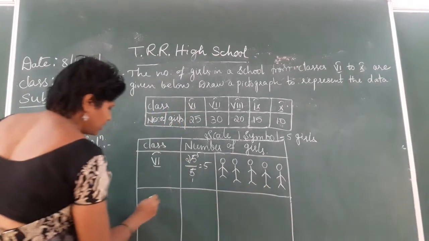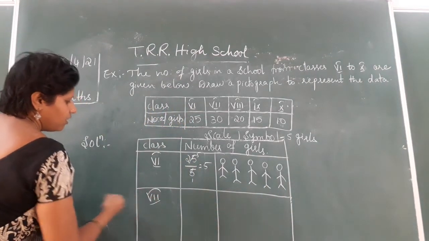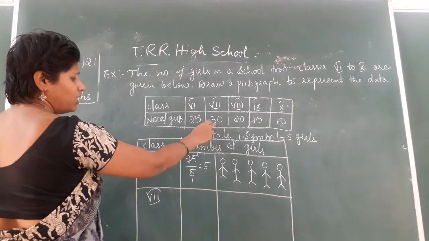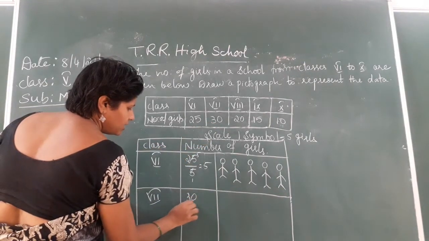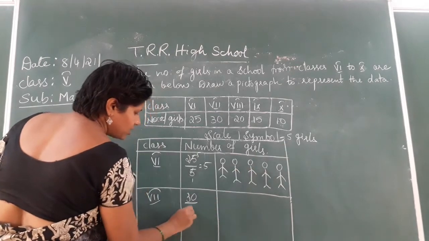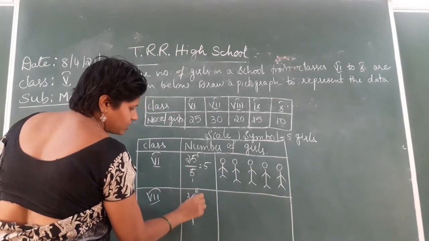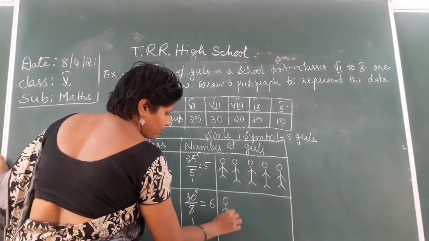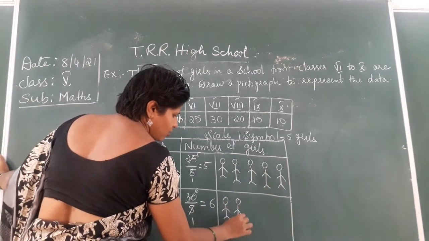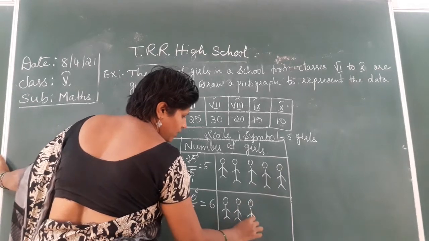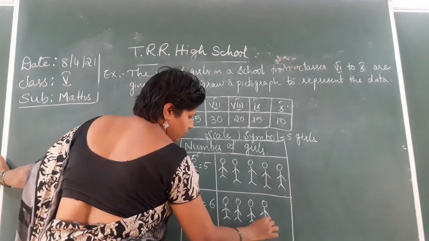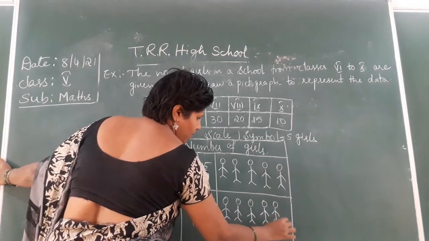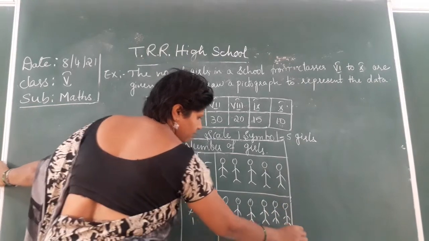Now coming to your 7th class. How many are there? 30. Total 30 are there. So now you divide this 30 by the scale you have considered. 5 sixes are 30, so it is 6. So you draw 6 shapes: 1, 2, 3, 4, 5, 6.